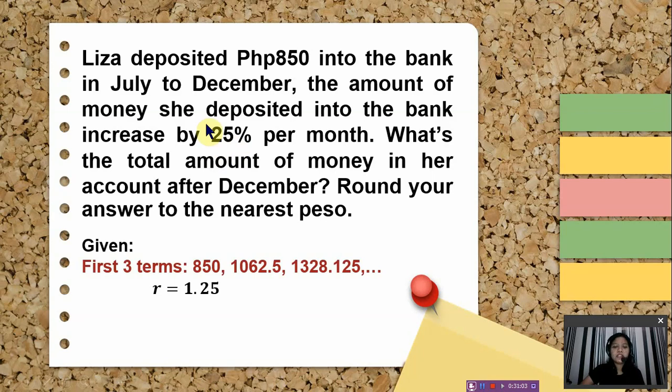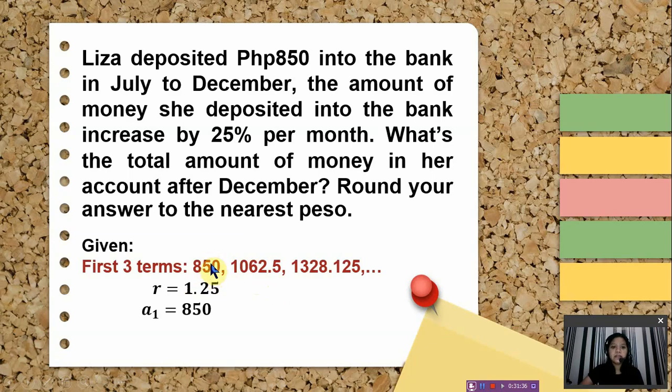Since it increases by 25% per month, we need to multiply the 850 by 1. Where did the 1 come from? The whole month. Plus 25, that is the 25%. So, we need to multiply 850 by 1.25 to get 1,062.5. Then, we need to multiply by 1.25 again to get the next term.